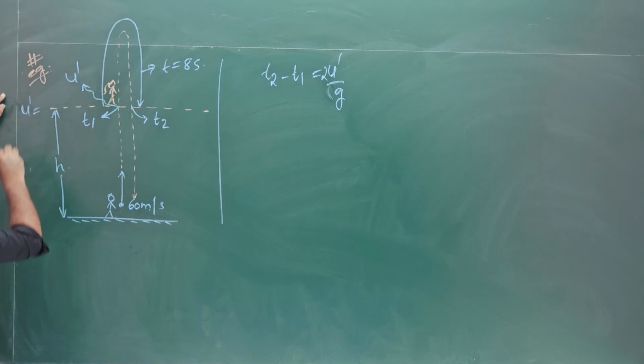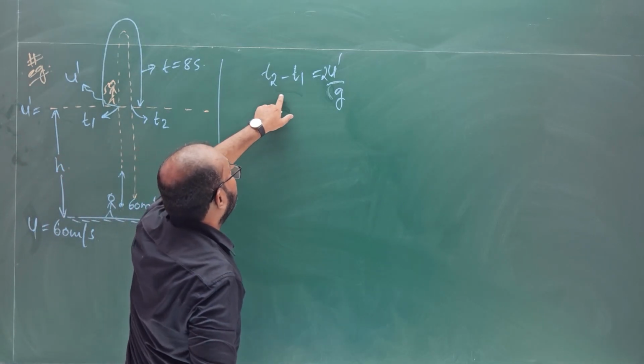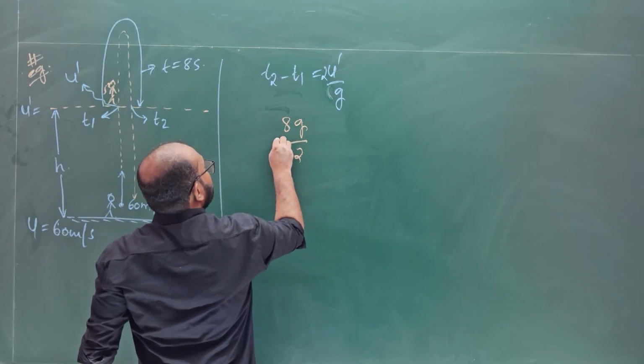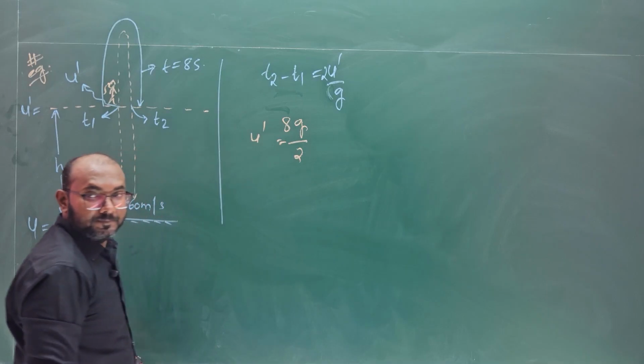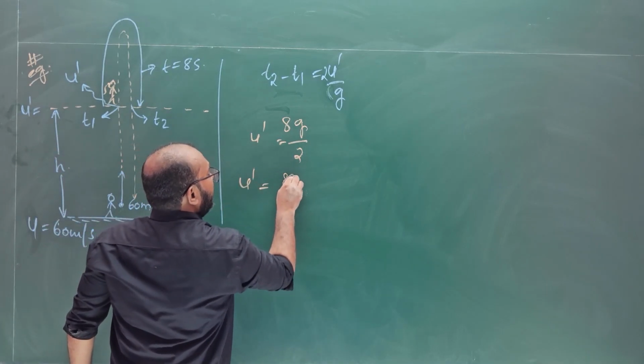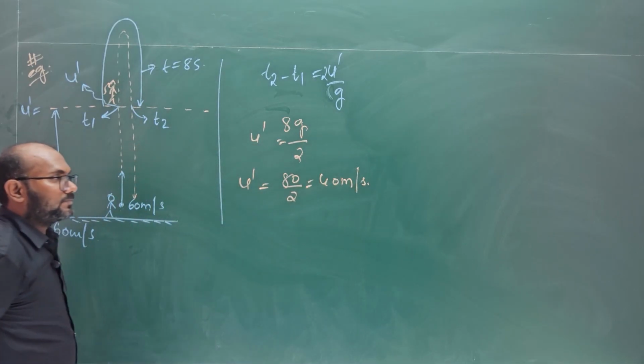The initial velocity u is 60 meter per second. So 2u dash upon g is the difference, given as 8 seconds. So 8g upon 2 is nothing but u dash, or u dash is 80 upon 2, that is 40 meter per second.